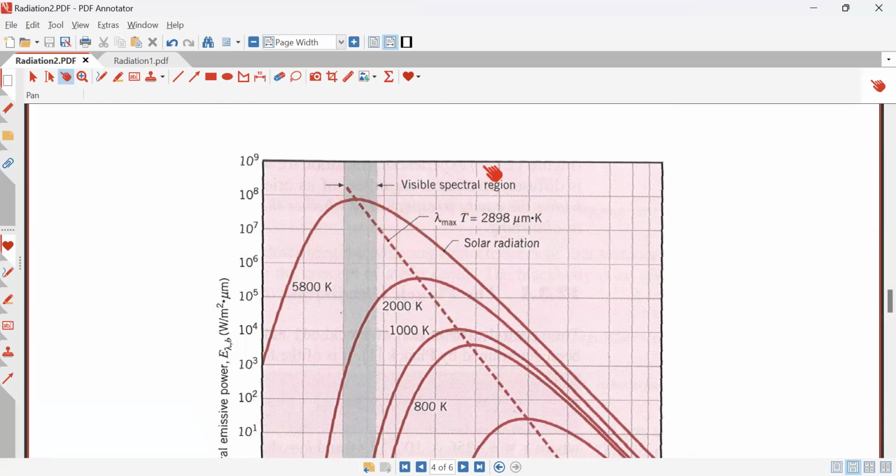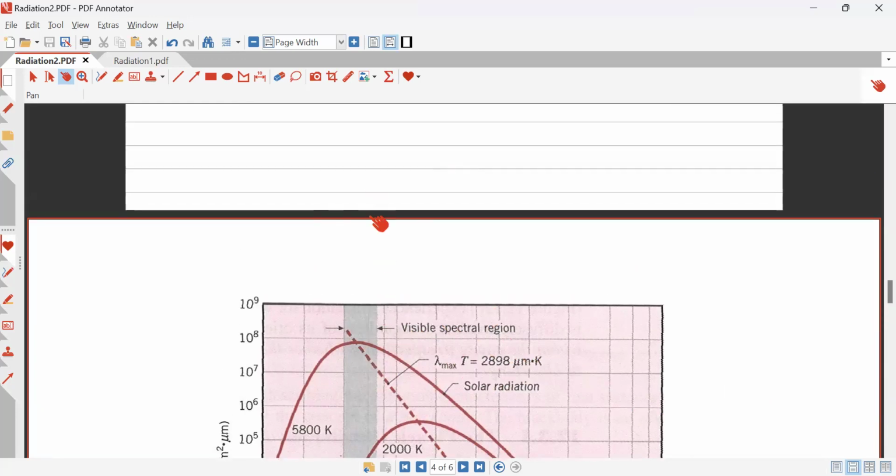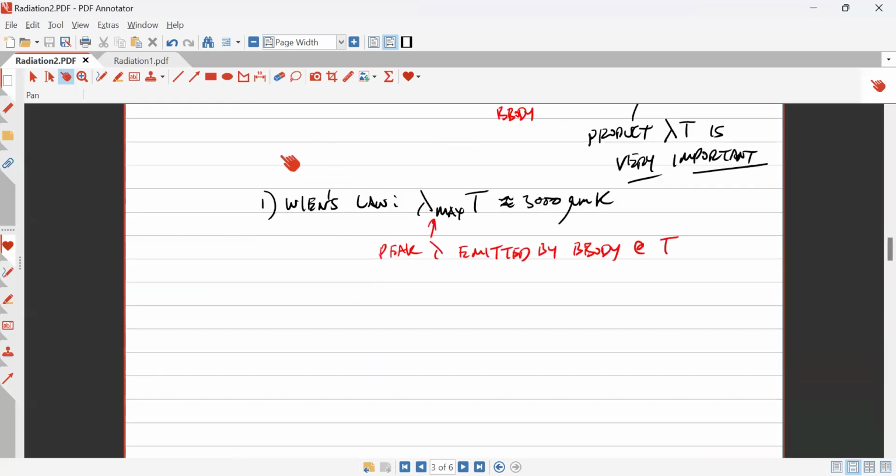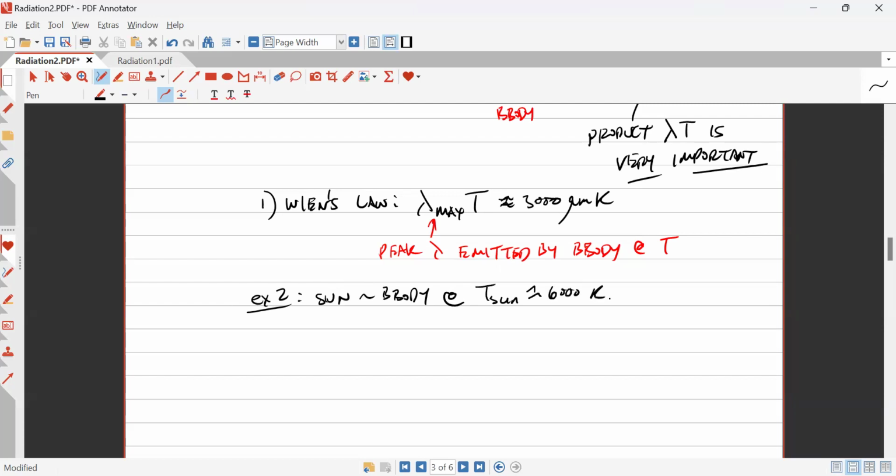So let's take a look, and we'll do an example where we'll check that out. Here we go. This will be example number 2. So say the sun is approximated as a black body at 6,000 Kelvin. So what is the peak wavelength?